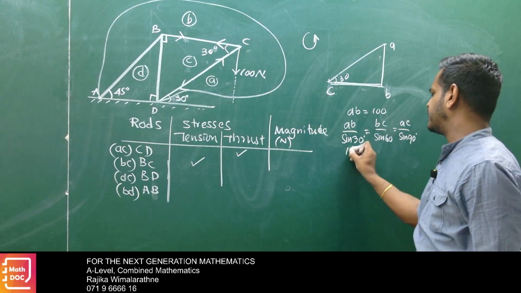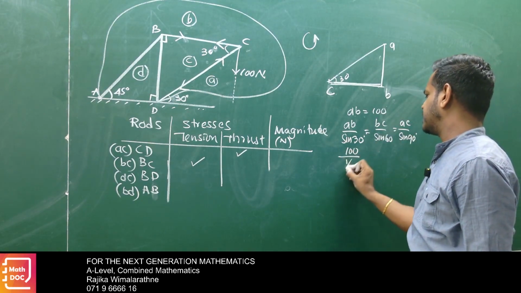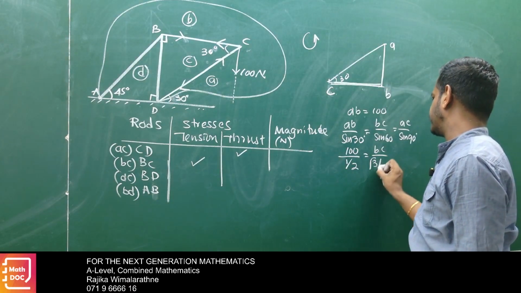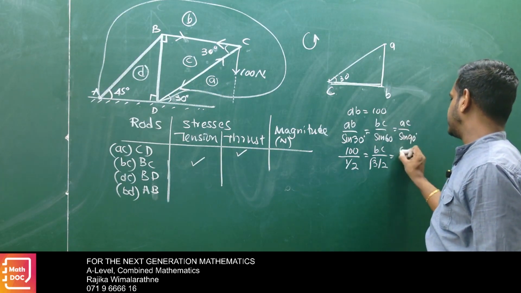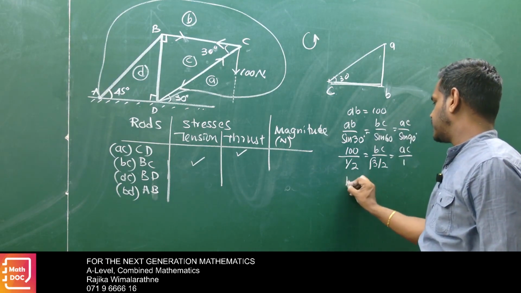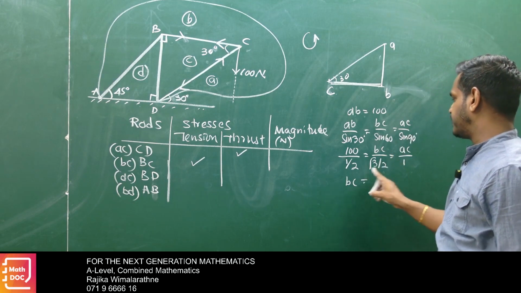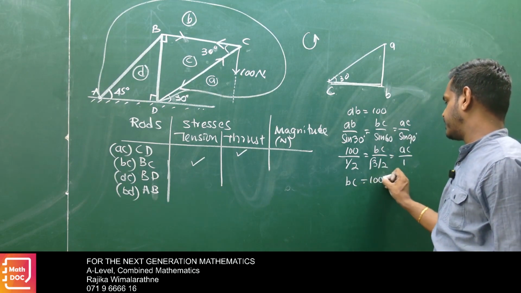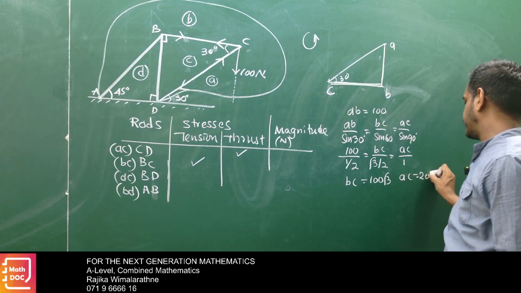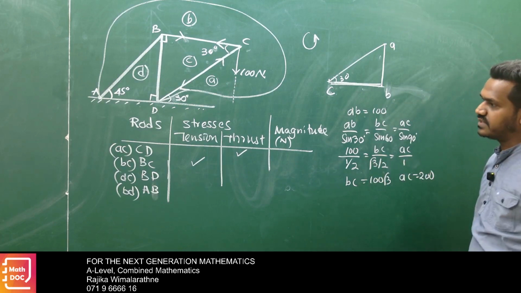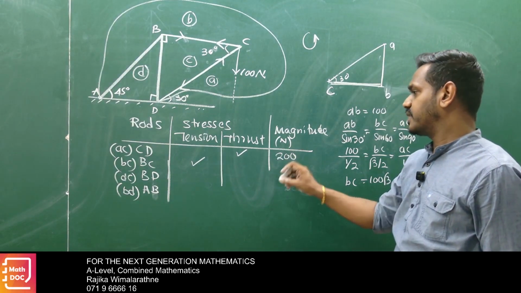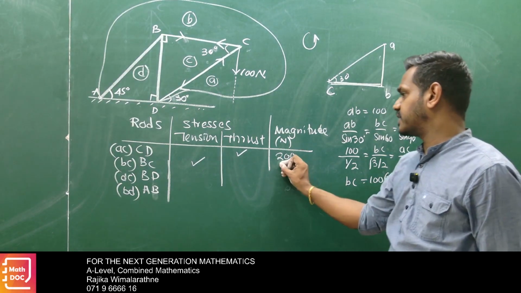Then AB 100, sine 30 half, BC sine 60 root 3 over 2, AC sine 90. BC equal 100 root 3. AC equal 200. Then AC 200, BC 100 root 3.